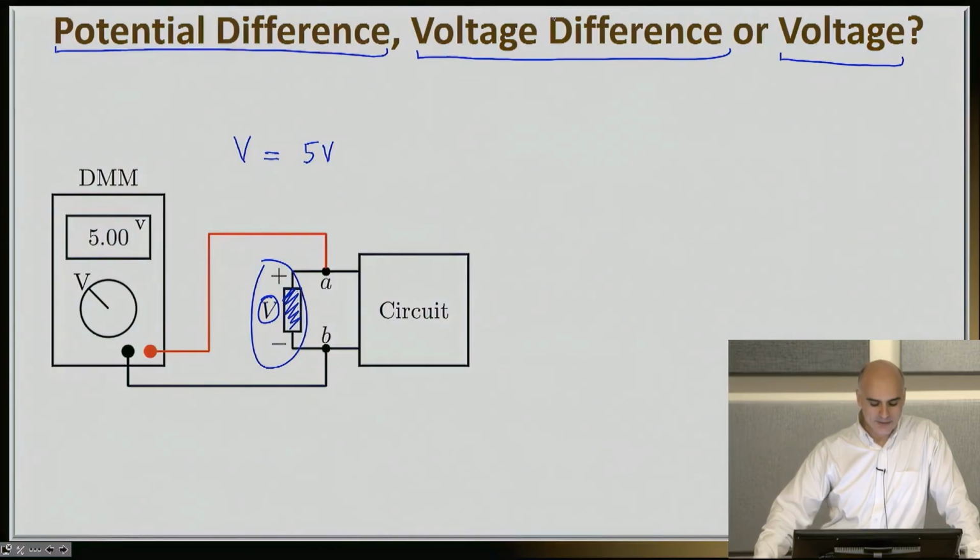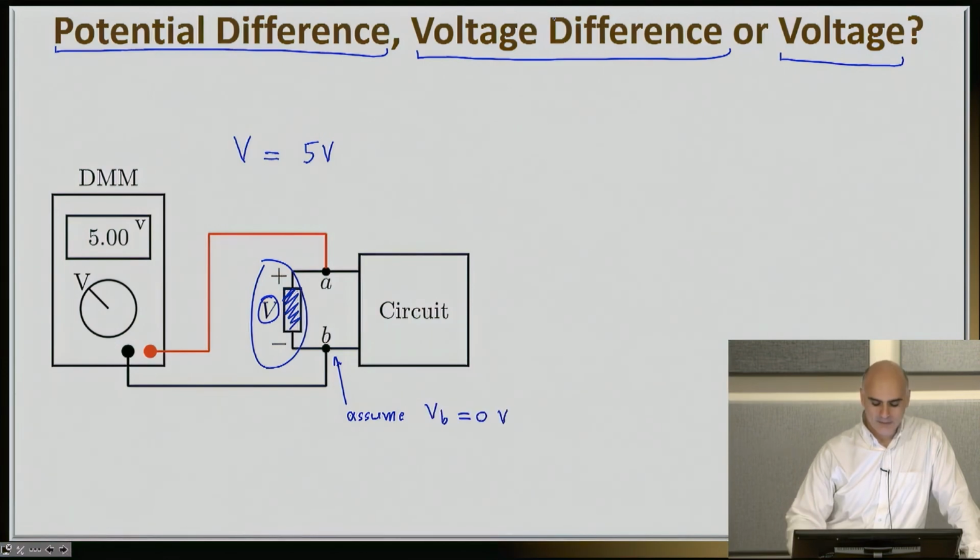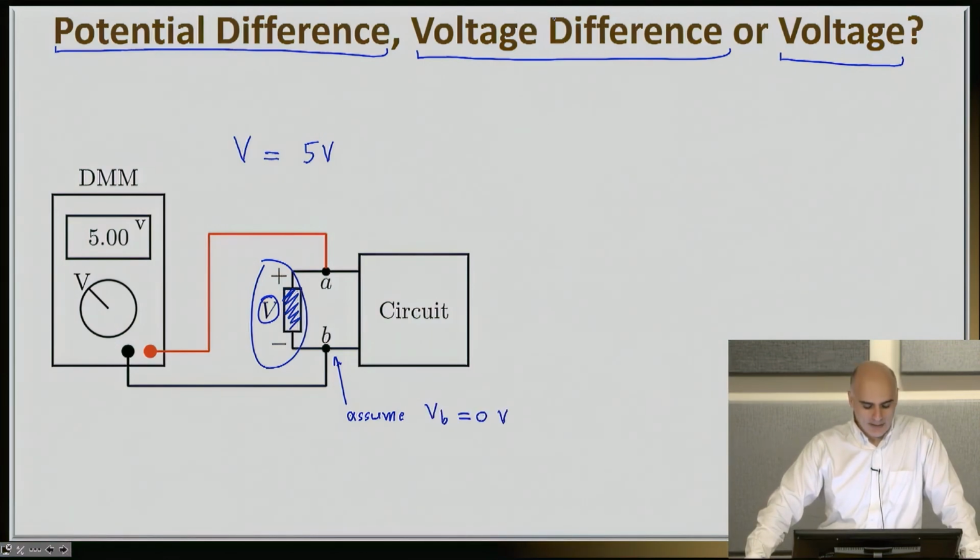On the other hand, if somebody says, you know what, let's assume that the potential at point B is 0. This is something that you can do, and in fact, we often do.